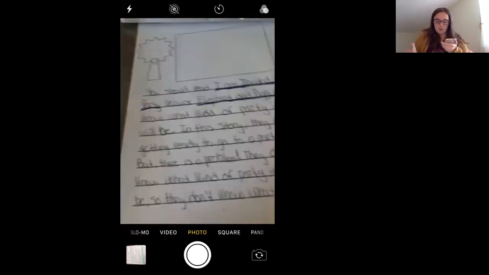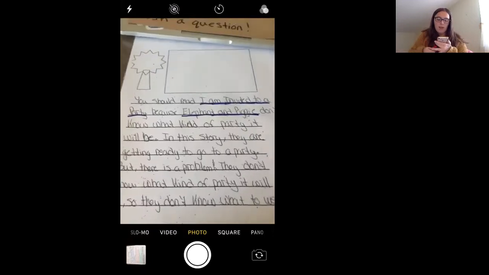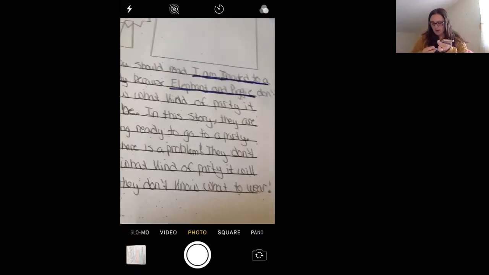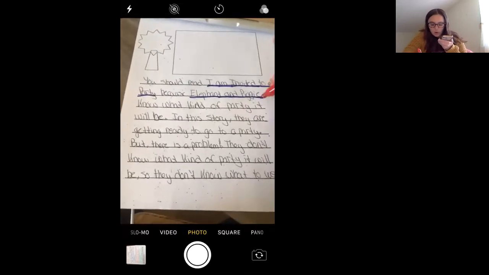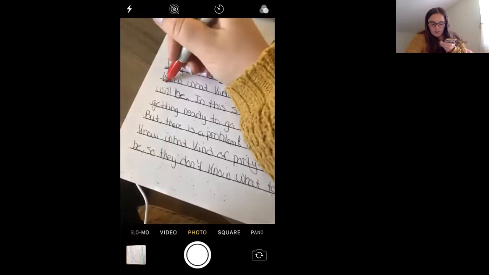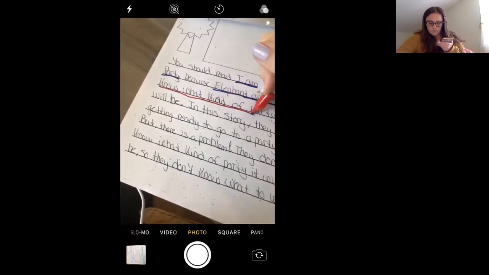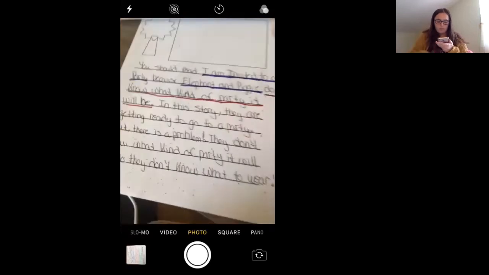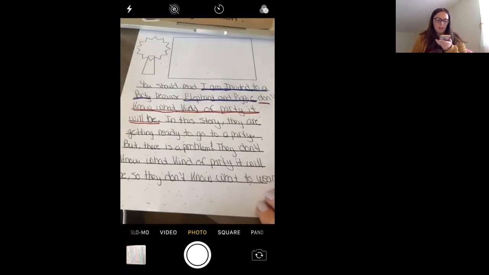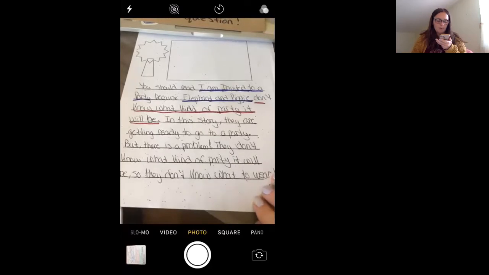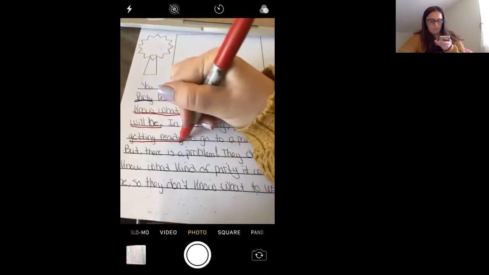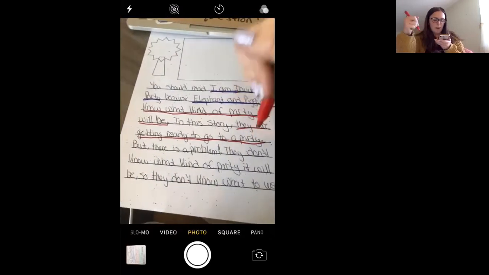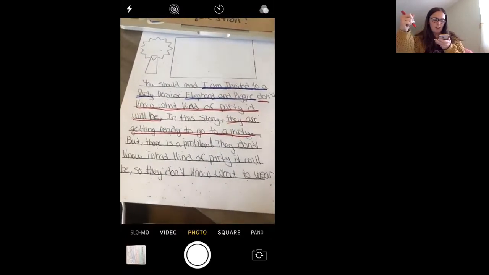Okay, so now I explain the situation and give a little interesting fact. So I said they don't know what kind of party it will be. So in the story, they are getting ready to go to a party. But there's a problem.